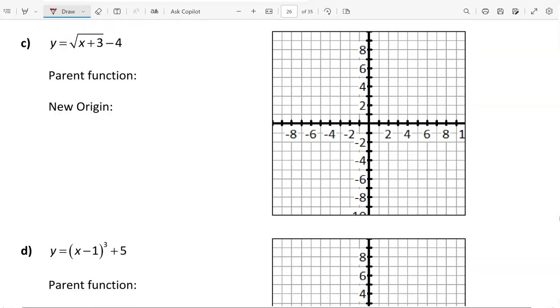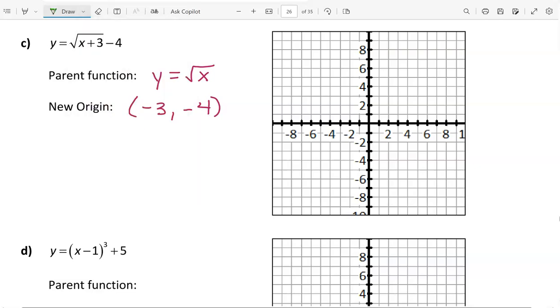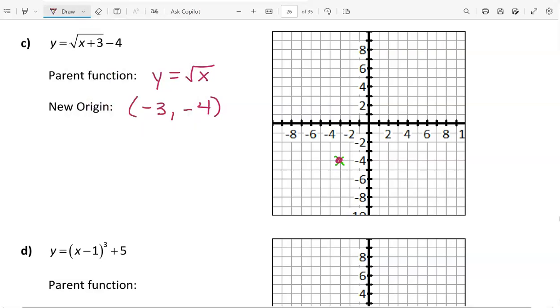For C, we're going to use a parent function of y equals the square root of x. And our new origin point is (-3, -4). I'll mark that point off. And then mark the point (0, 0) from the new origin.